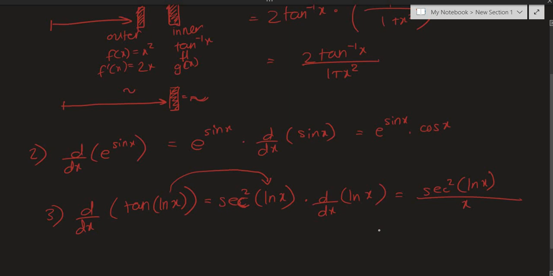So now for examples 4 and 5, I'm doing more examples, by the way, for the chain rule, because it's probably one of the most important rules of differentiation, and most mistakes occur when people generally mess up their quotient rule or their chain rule.